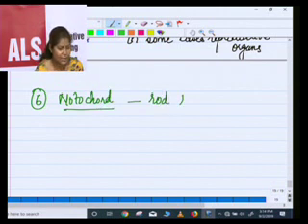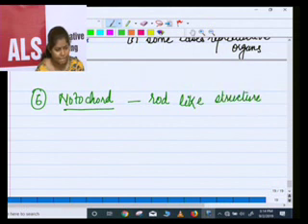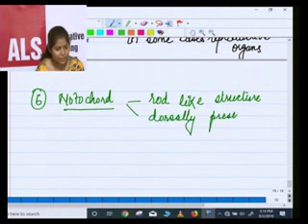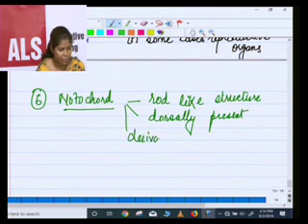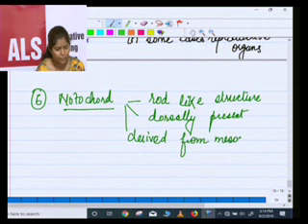Notochord is a rod-like structure present dorsally, derived from mesoderm. So it is said to be notochord.